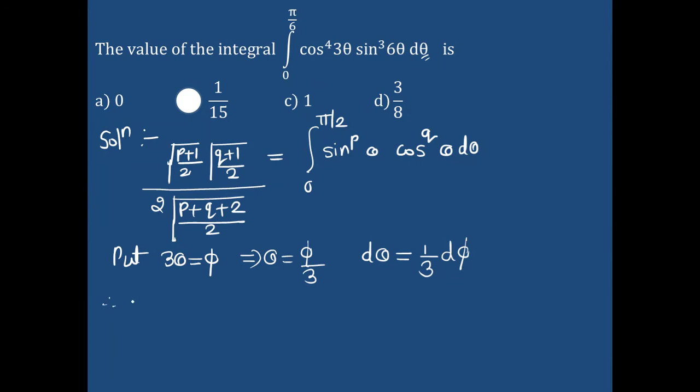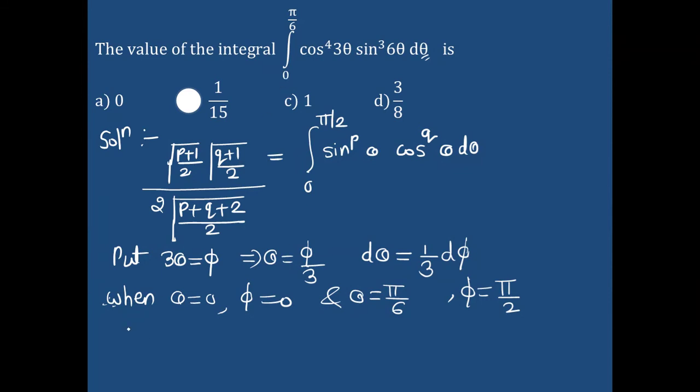Therefore, there will be a change in limits. What will be the change in limits? When theta is 0, phi is 0, and when theta takes the value pi by 6, phi must be equal to 3 times pi by 6, that is pi by 2. That's how we get the limits as per the requirement.